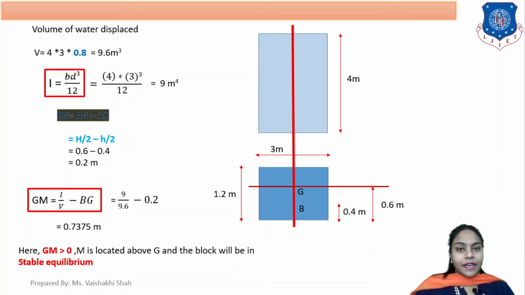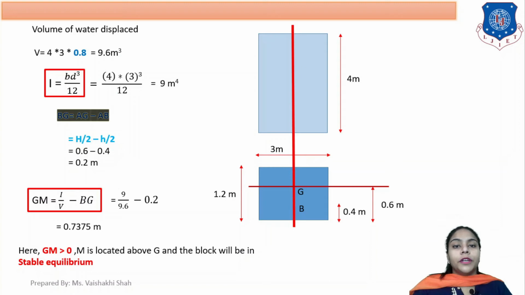Now we have to find I, which is the moment of inertia. What is the equation for I for a rectangular body? That is B into D cube by 12, BD cube by 12, where B is 4 and D we are taking 3, so 4 into 3 cube divided by 12, that is 9 meter raised to 4.